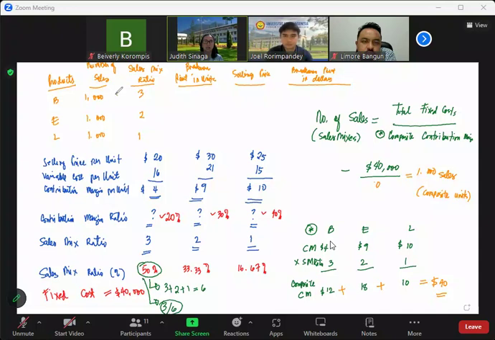You multiply this. Okay? You multiply. So you get now break-even point in units, 3,000, 2,000, and 1,000 units. Okay? That's units.